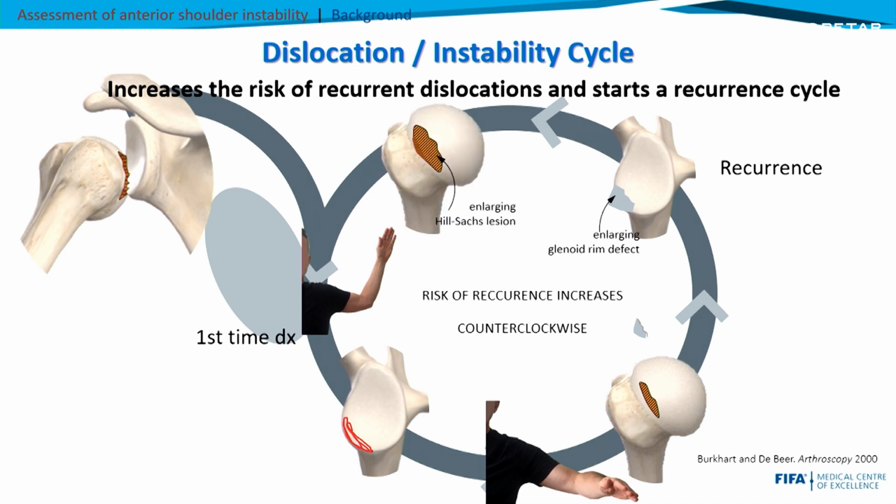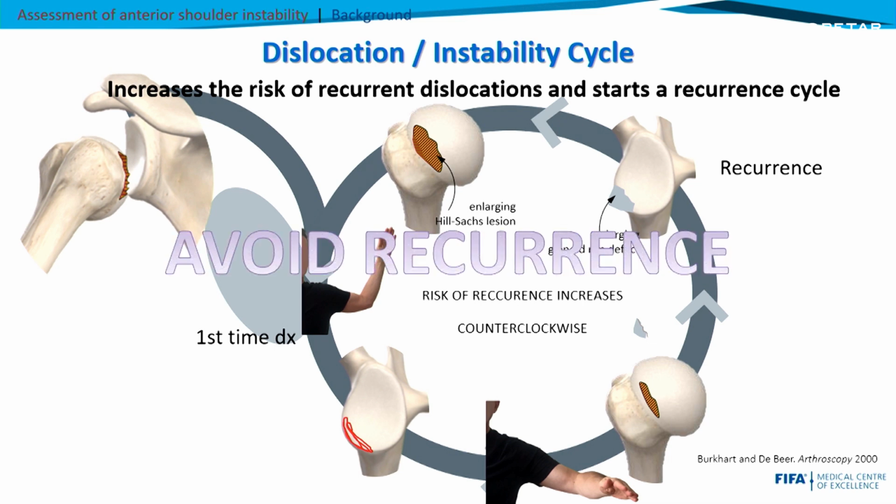So as shoulder surgeons, if we are dealing with professional athletes, we need to avoid the recurrence. This should be the first message. That's why I'm talking about these details of the pathophysiology, because every shoulder dislocation has its own history. We need to know what is going on in his or her shoulder.